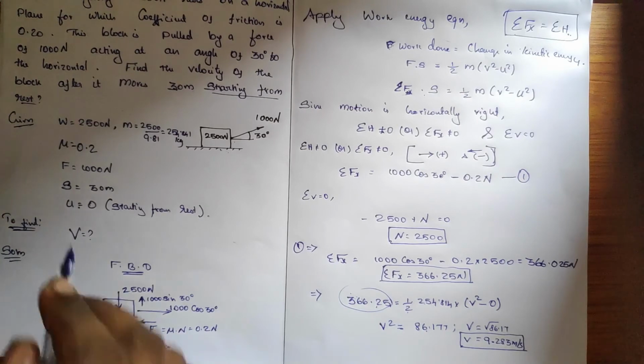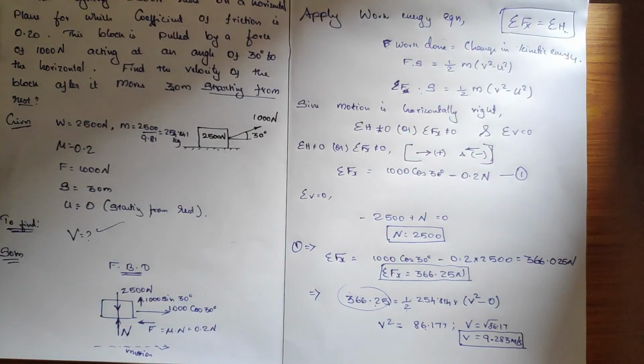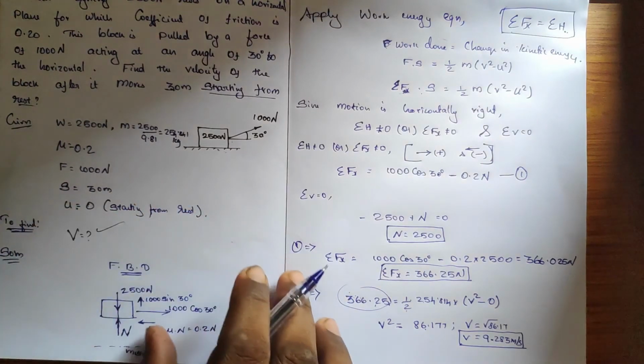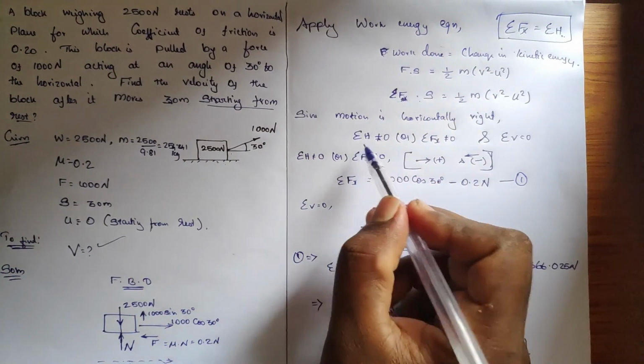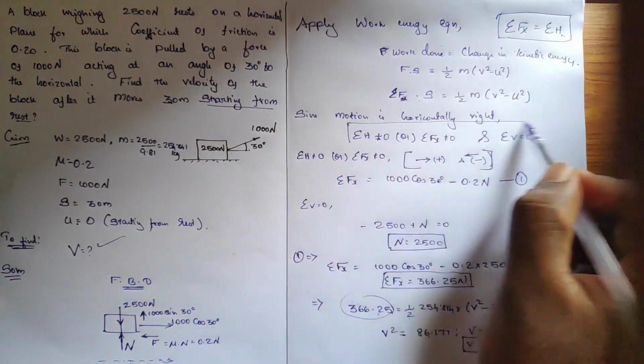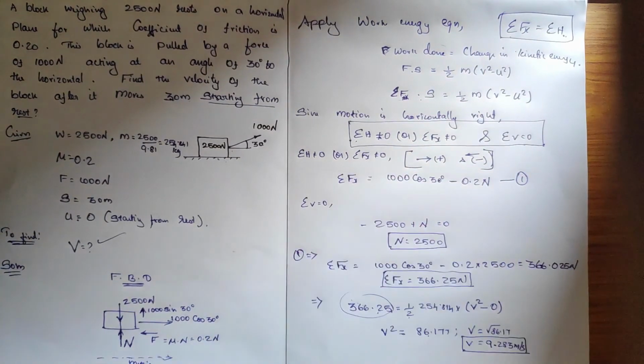Okay, so now we have identified the velocity of the moving block. So I hope you understood here how we have to proceed in the work energy equation. Here we need to be careful. It is a very important step. It is predicted based upon the motion of the block. Here the motion of the block is just horizontal, right?